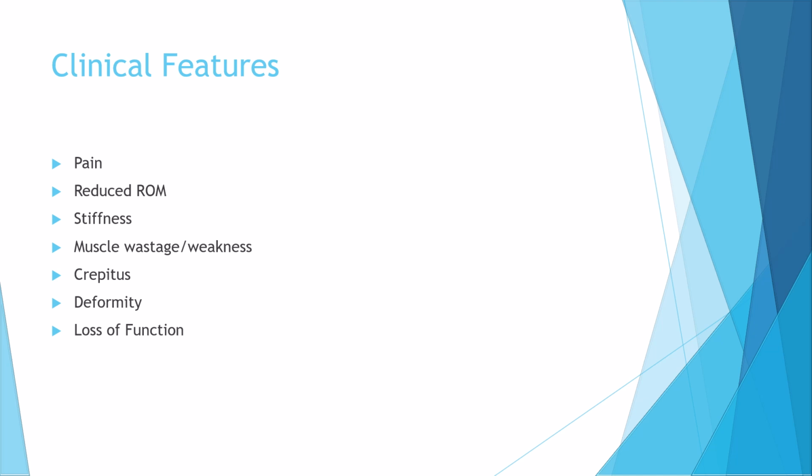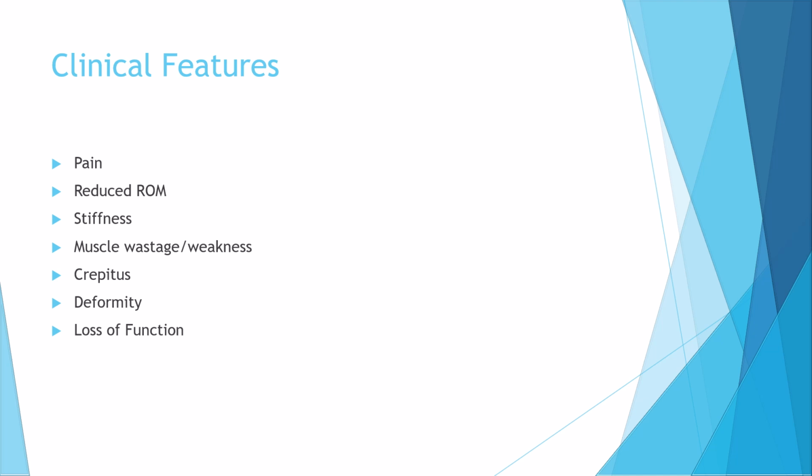Muscle wastage or muscle weakness: muscles become weak and atrophy because of the pain or lack of use. You may even have muscle spasm, which is a protective mechanism that occurs to prevent further movement, as it is an involuntary contraction. Crepitus. This is the grinding of the bone ends.